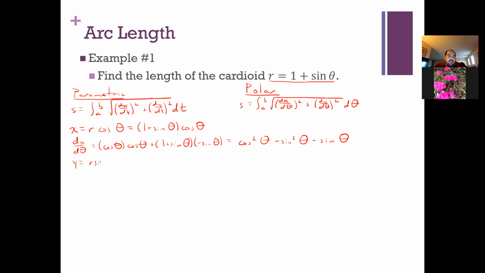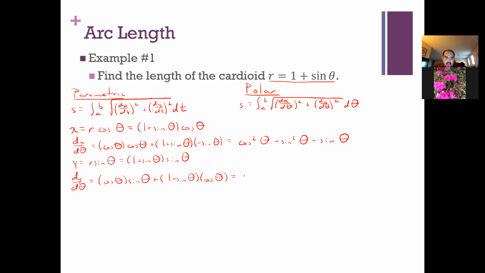y equals r sine theta. So we'll get (1 plus sine theta) sine theta. And we can take our derivative the same way, using product rule. So this will be cosine theta sine theta plus (1 plus sine theta) cosine theta.